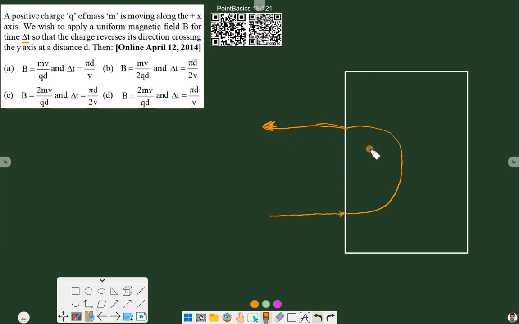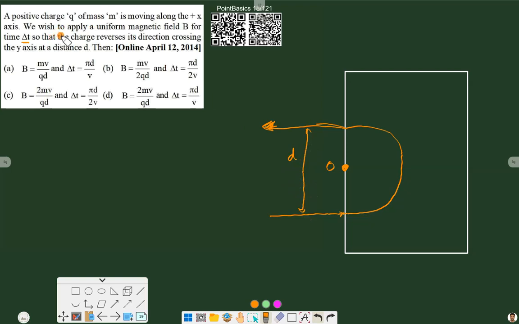So if it is taking half rotation and coming back in the opposite direction, it has some point which is the center, and its radius is smaller than the thickness of this slab, the area where the magnetic field is acting. As per the question, this distance is equal to d.